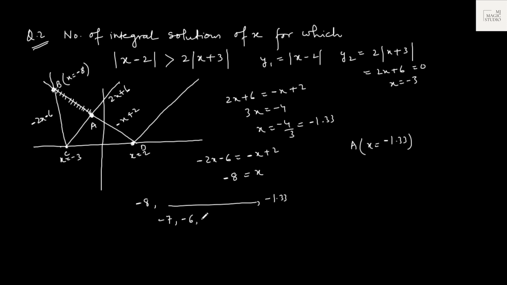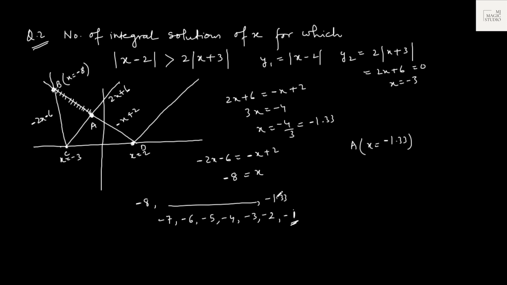Minus 7, minus 6, minus 5, minus 4, minus 3, minus 2, and minus 1 also. Okay, let's see. This is minus 1.33. Is it applicable at minus 1? If x is minus 1, minus 1 minus 2 is minus 3, that is 3.